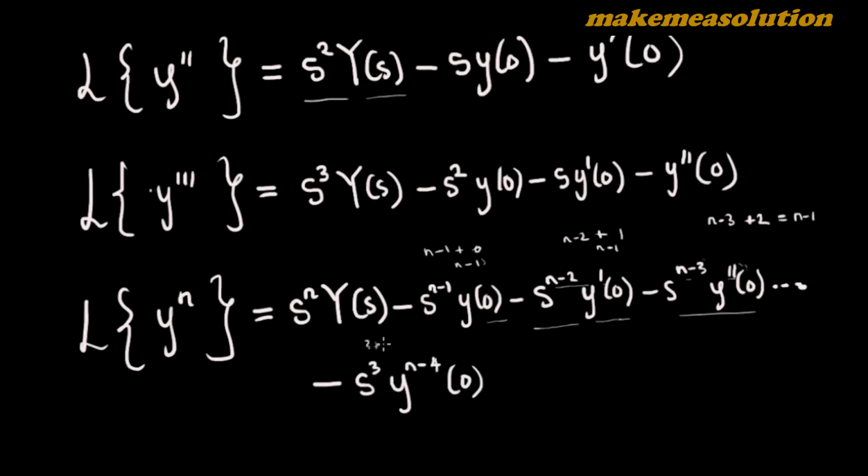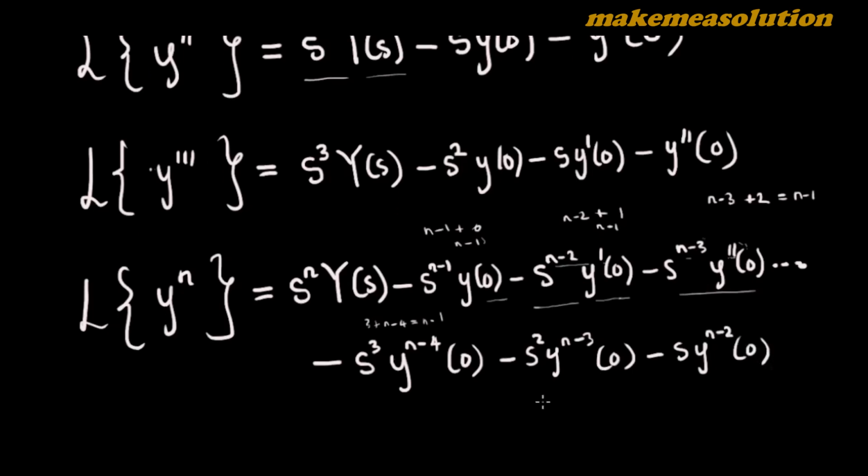So 3 plus n minus 4 gives me n minus 1. Is that okay? So we'll now have minus s squared y, n minus 3 of 0. Then we keep building, minus s, and now have y n minus 2 of 0. Then finally we'll have minus y n minus 1 of 0.